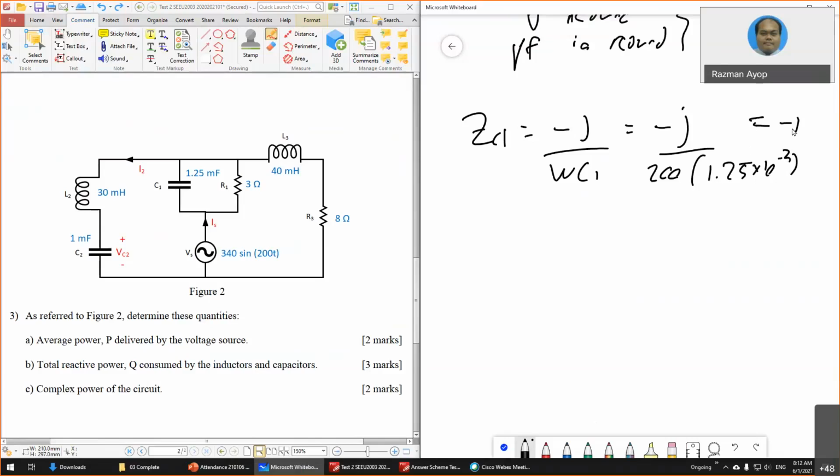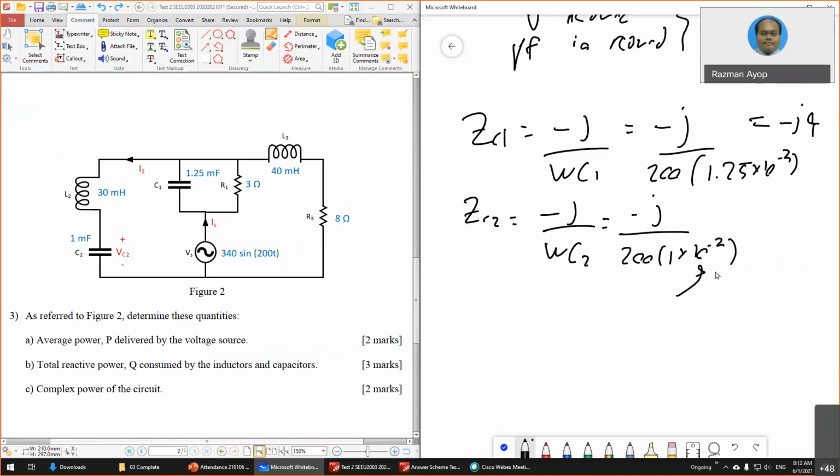negative J4. ZC2 is the same thing, negative J divided by WC2. Negative J divided by 200 multiplied by 1 multiplied by 10 to the negative 3. Again, don't forget. Many of you still forget to do this. If you forget this, all your answers will be wrong. So the answer is negative J5.